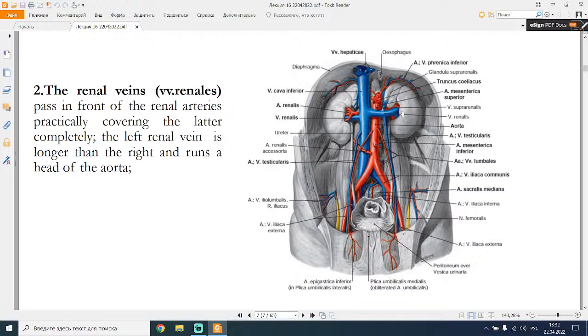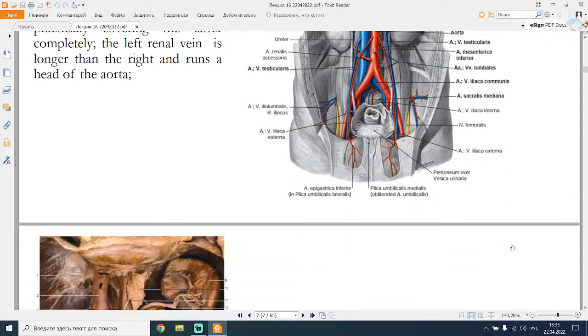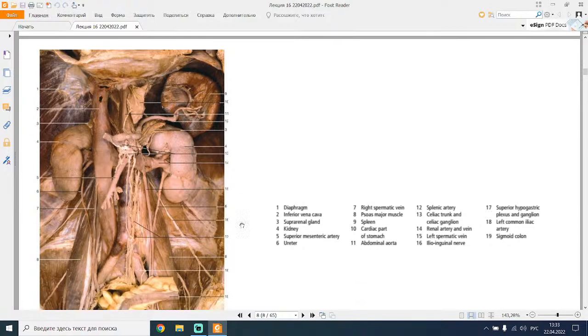The left renal vein is longer than the right and runs in front of the aorta. Vena renalis sinistra, vena renalis dextra drain into vena cava inferior.